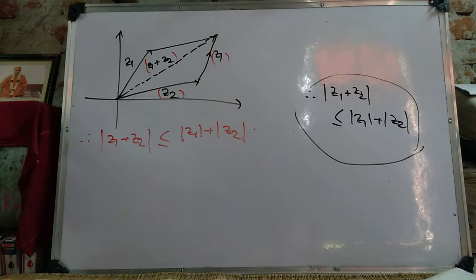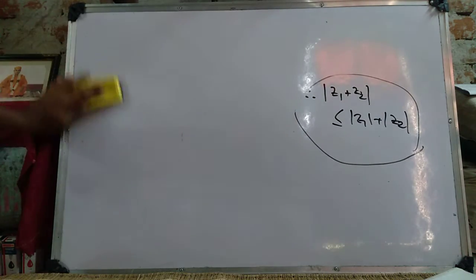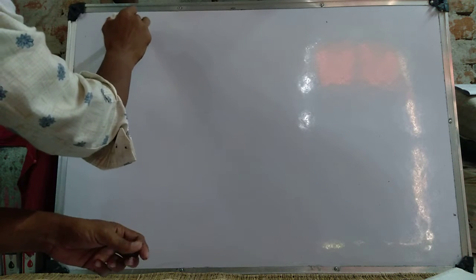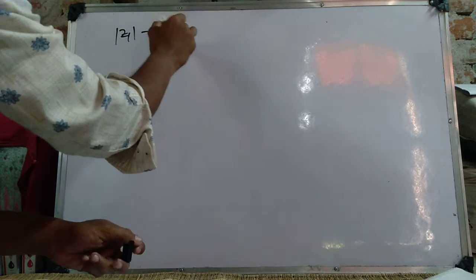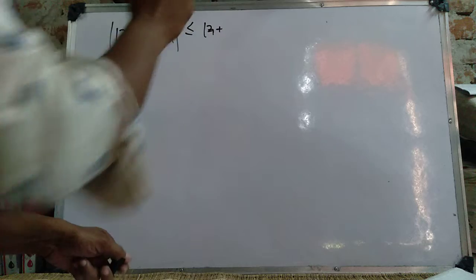Now also prove another portion. Okay, what do we prove? We also prove another important property of modulus. This modulus is so important for us. Okay, how magical is the modulus. So wow, this property is a very important property.